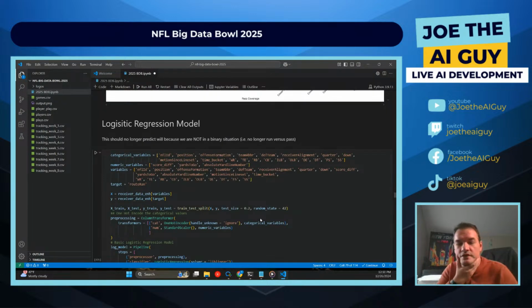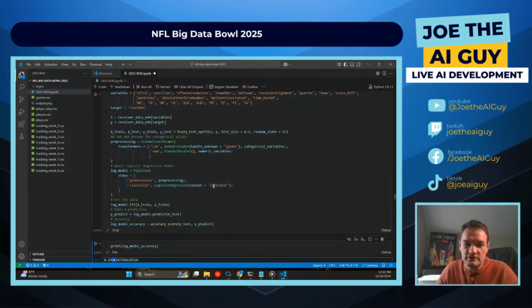So we know the individual player helps the model. But still not enough to really improve the performance considerably, right?